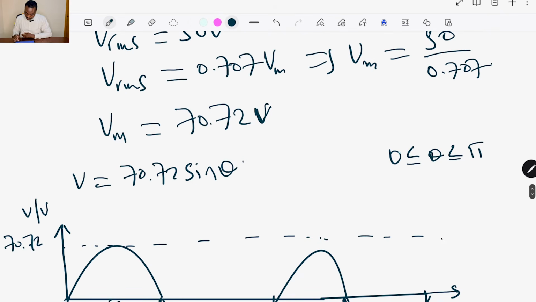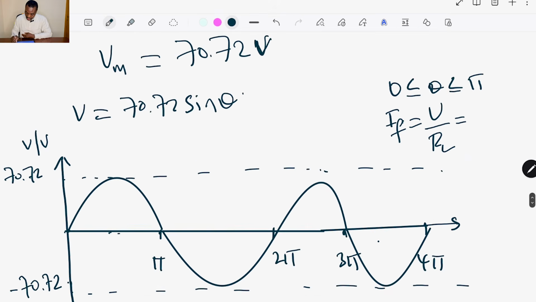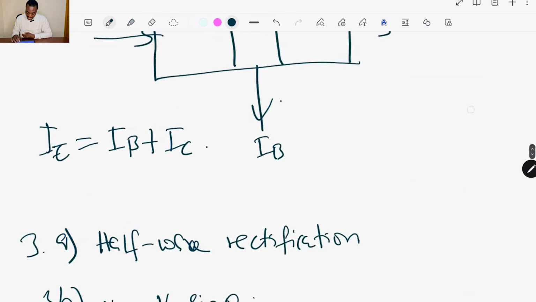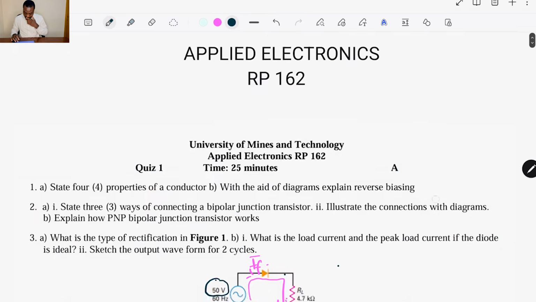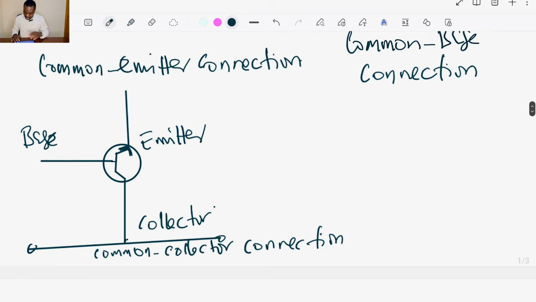So IF is equal to the voltage source over the load resistance. This is equal to 70.72 sine theta all over the load resistance, which is 4.7 kilo ohms.